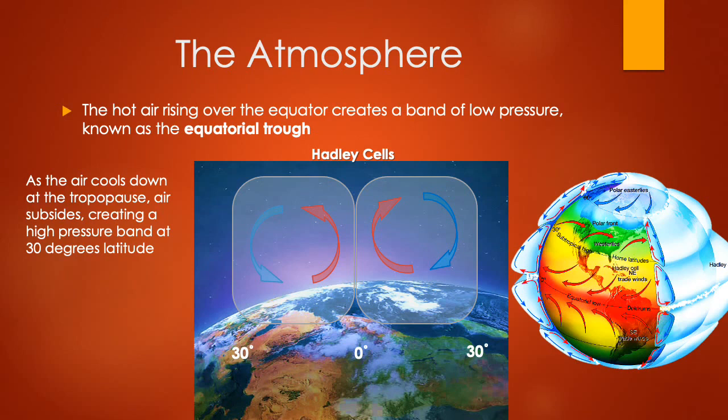So around 30 degrees north and south, you get a band of a lot of high pressure weather and areas. And again, we'll look at the sort of weather that's associated around those regions. And you'll see that geographical locations have very consistent weather because of this Hadley cell, this converging and diverging air, which creates a uniform sort of weather system.